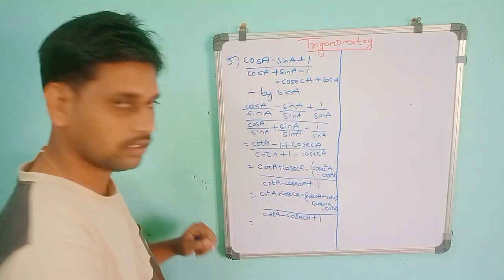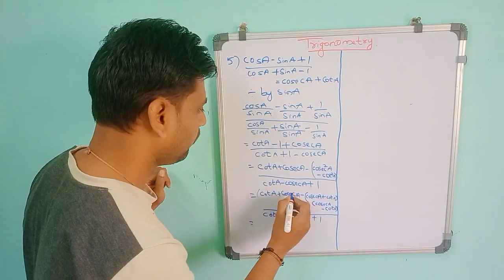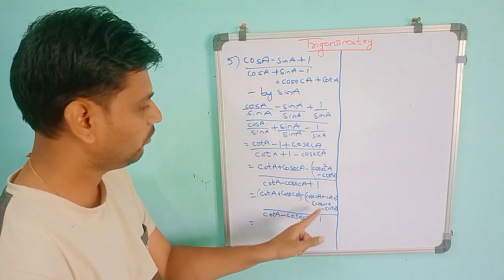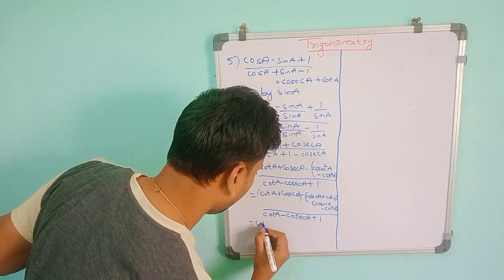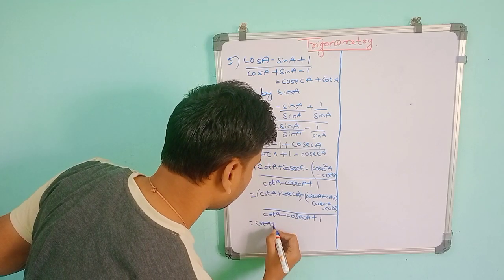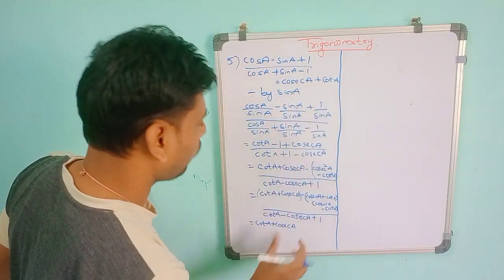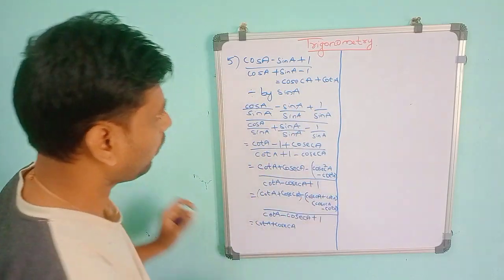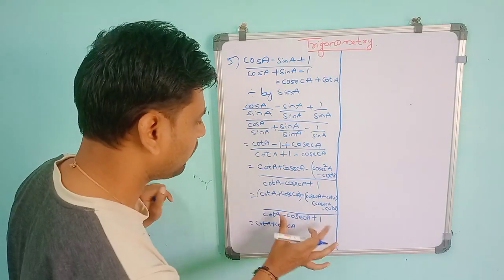So next step, again cot A plus cosec A is there, and here also cosec A plus cot A is there. So we can take cot A plus cosec A common. As in the problem, the numerator and denominator should be cancelled, so I kept the denominator as it is.